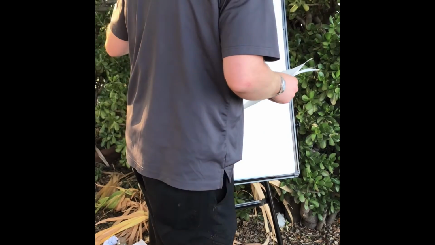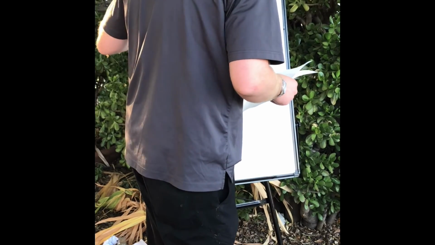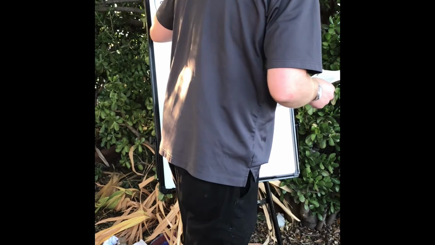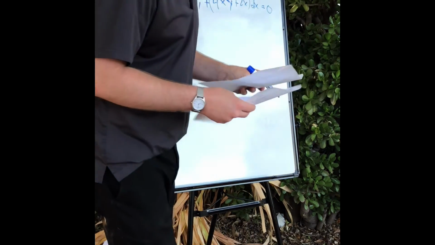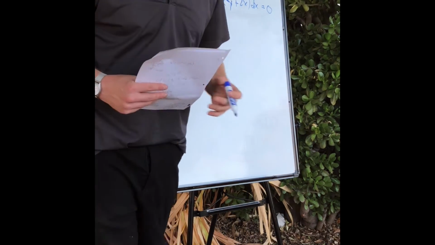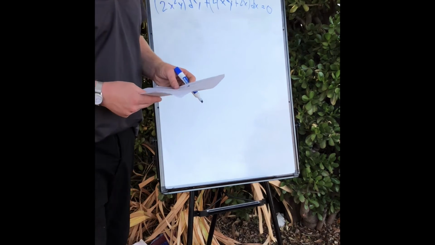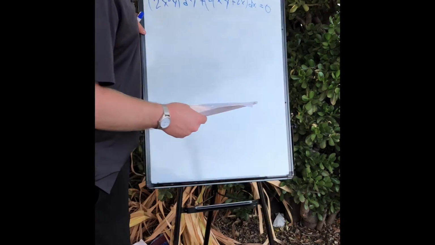So we have 2x squared y dy plus 4xy plus 2x dx equal to 0. So the trick is, after you verify that it is indeed an exact equation, what you're going to do is you're just going to integrate both equations at the same time.